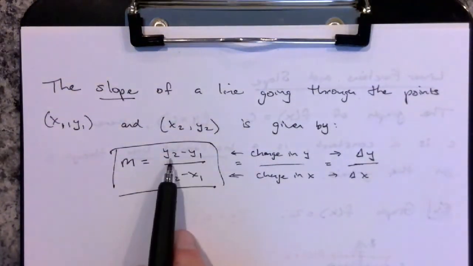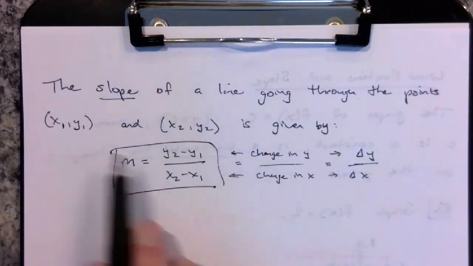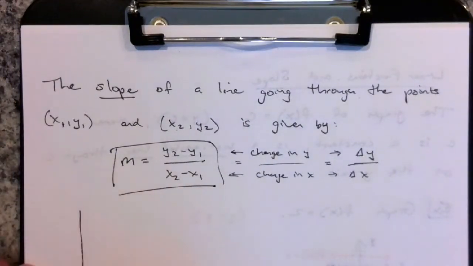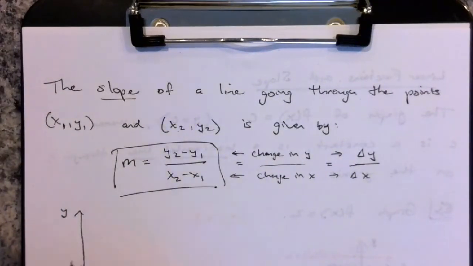It's important that you're consistent. If you start with y2 minus y1, then in the denominator you do x2 minus x1, keeping the order the same between the coordinates. A quick little drawing of what this would look like on an axis. This is an x-axis and this is a y-axis. When I say I have the point x1, y1, I'll label it here.